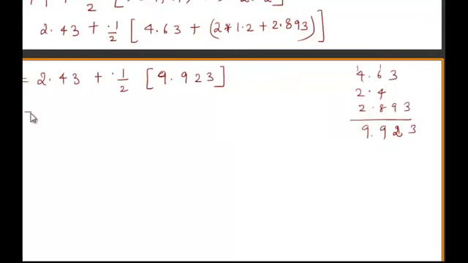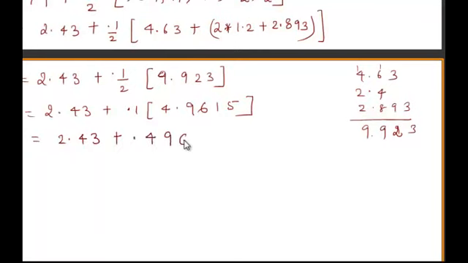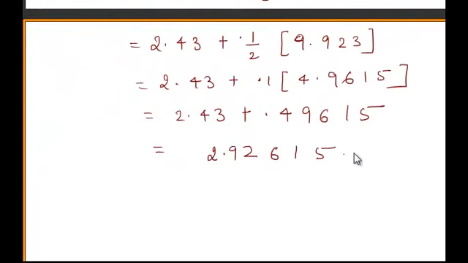Now divide by 2 and multiply by 0.1, so you should get here 2.43 plus 0.49615. So if you add this up, you get 2.92615. So this is your y2, and similarly you keep doing and get the y10.